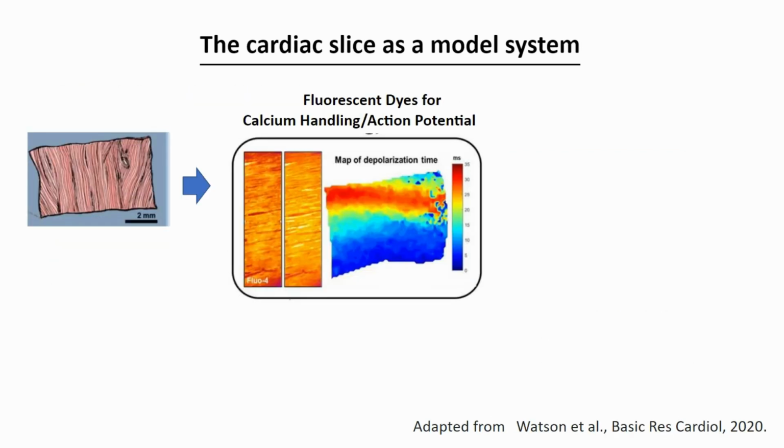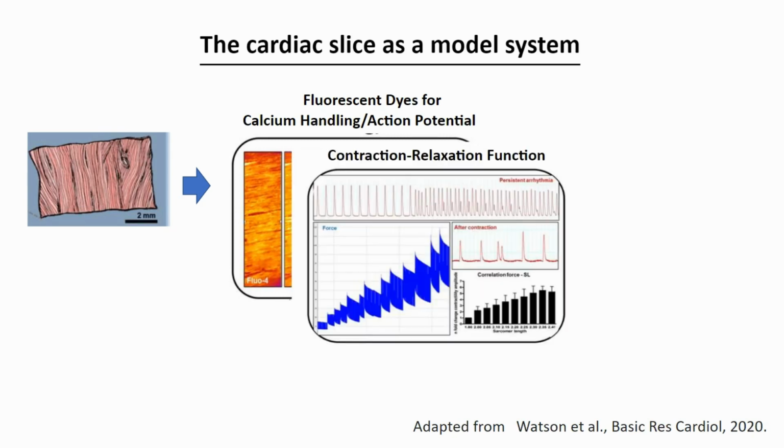As an overview of its usefulness, the cardiac slice can be loaded with fluorescent dyes that allow for imaging of intracellular calcium, for example. The cardiac slice can be attached to a force transducer, which would allow for measurement of contraction relaxation function.